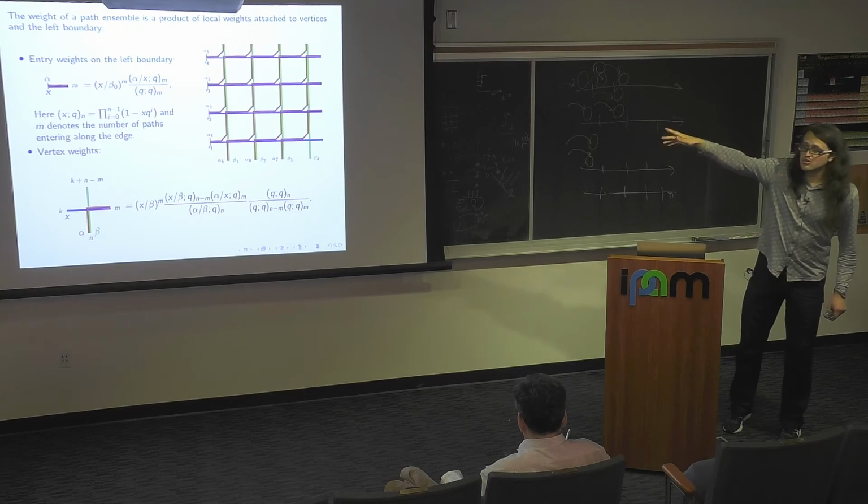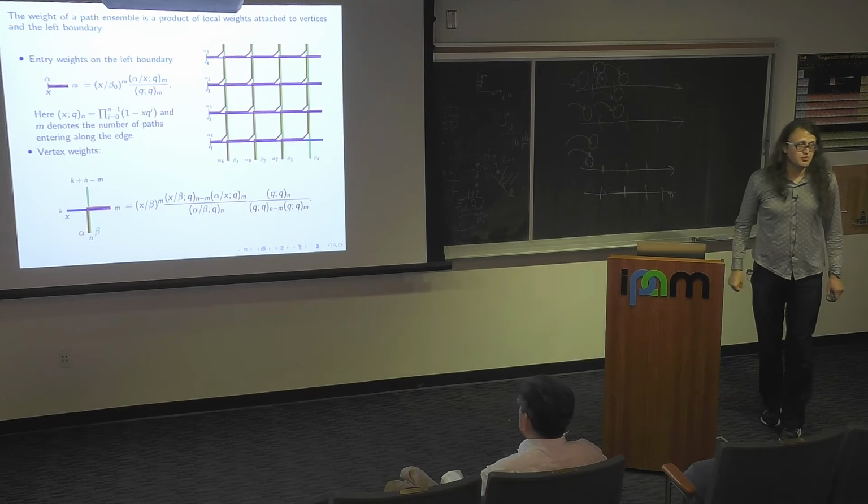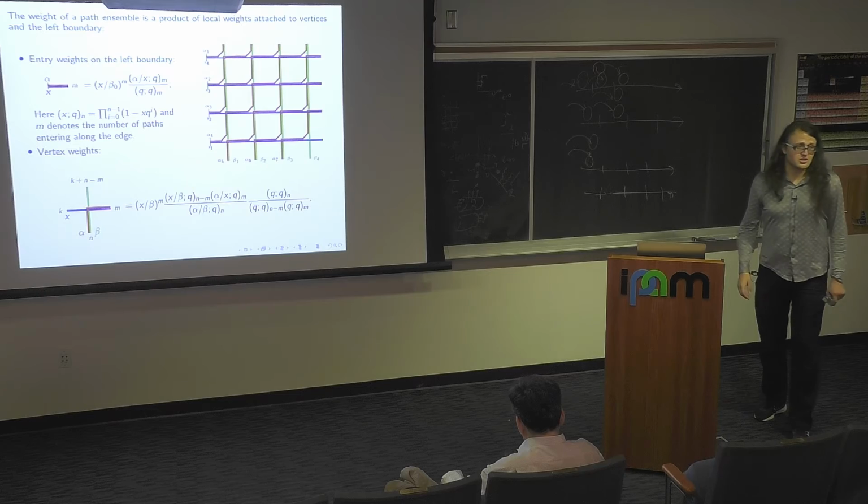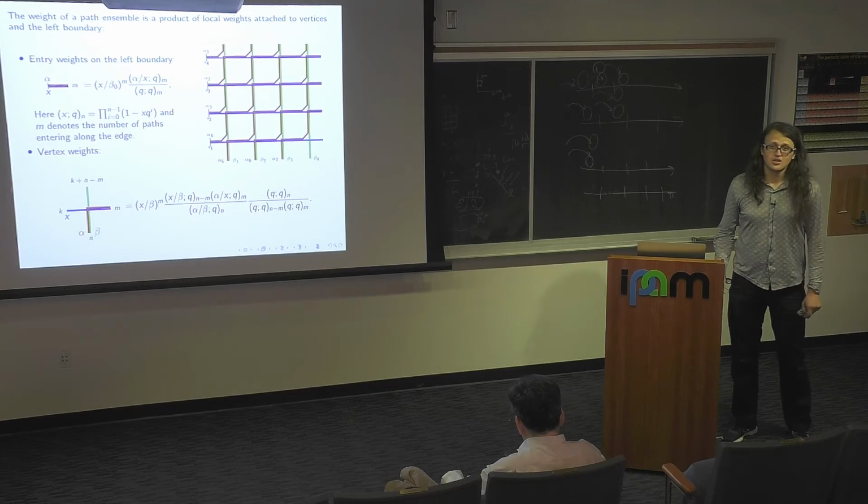Strictly speaking, you need to renormalize them. You need to add some infinite q-Pochhammer symbols here to make them sum to 1. But after renormalizing them, these will be probability distributions. They will all sum to 1. For the boundary weights, you just send little n to infinity, right?